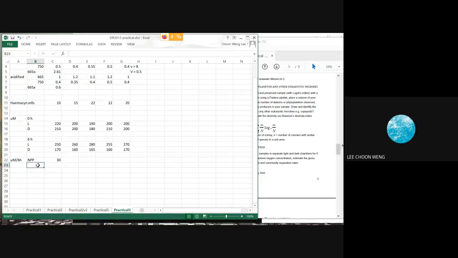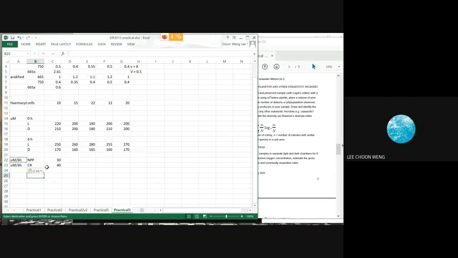For community respiration, that will be this minus this. So that will be your community respiration.